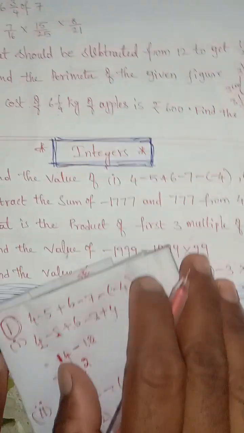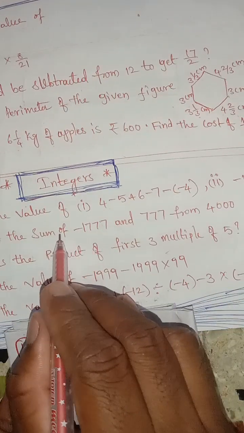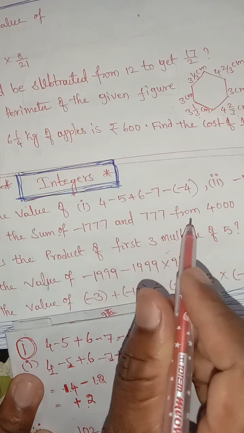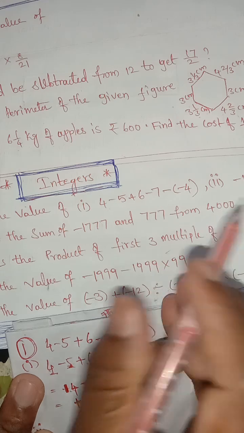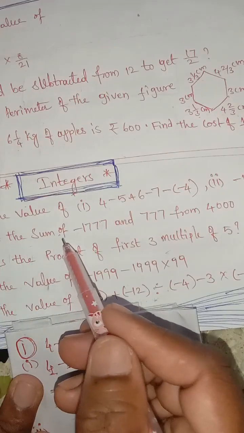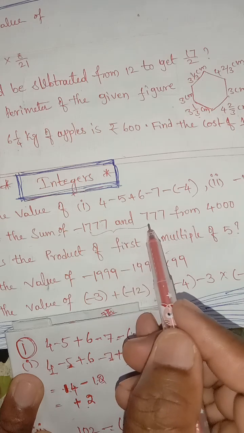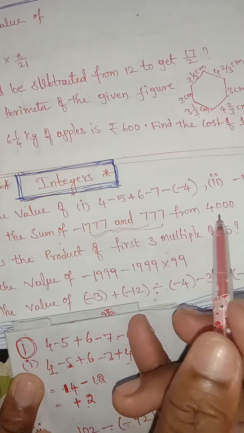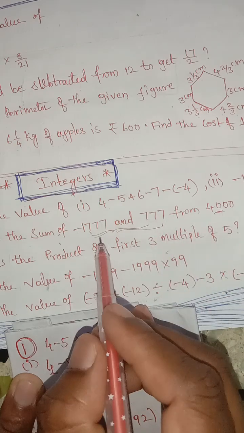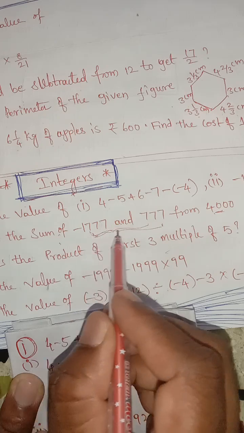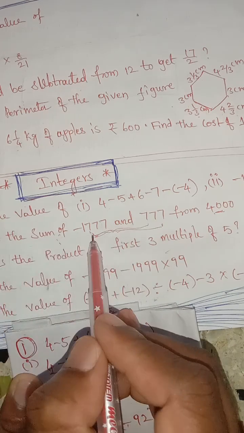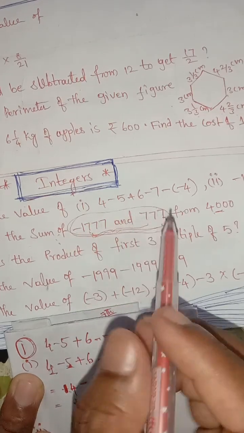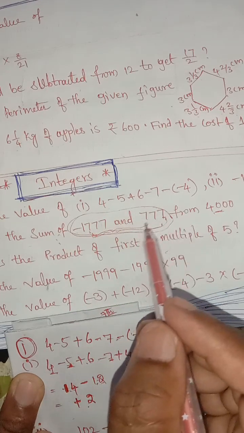Next one, question number 2. Subtract the sum of minus 777 and 777 from 4000. Here we have two steps. First, find the sum of these two numbers, then subtract it from 4000.